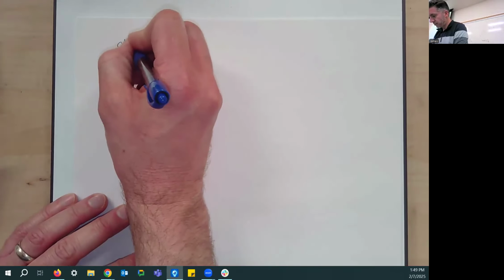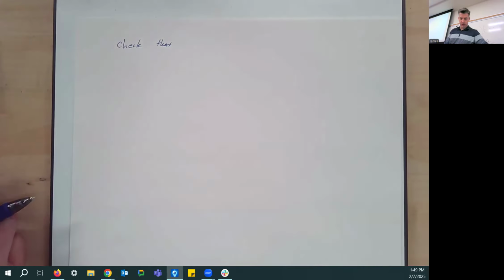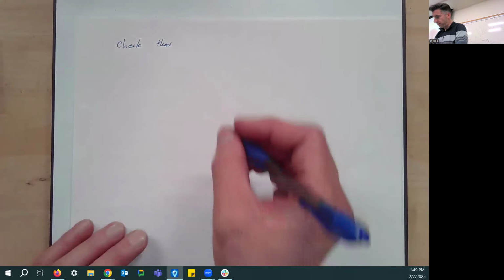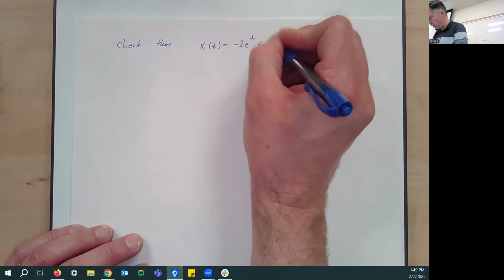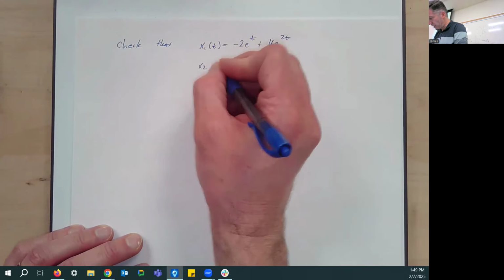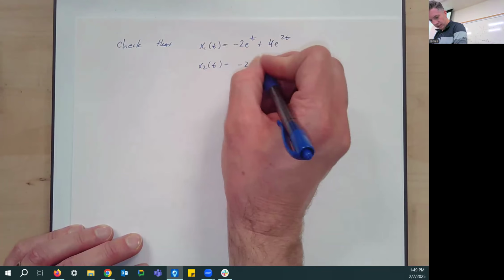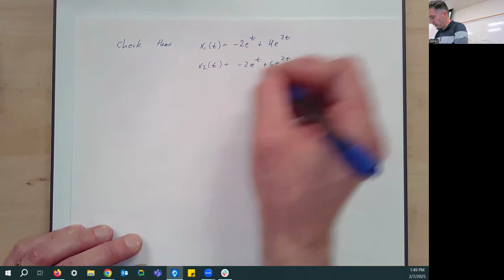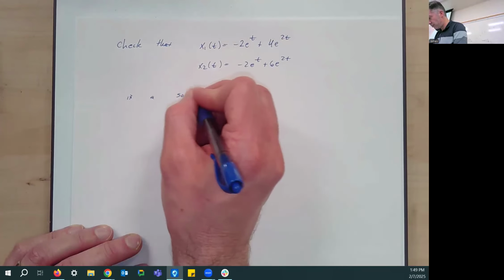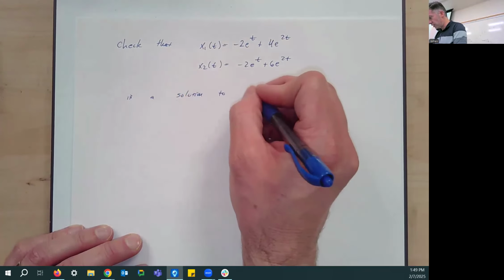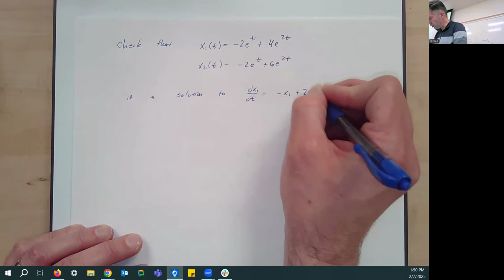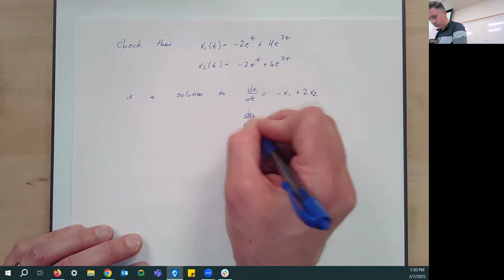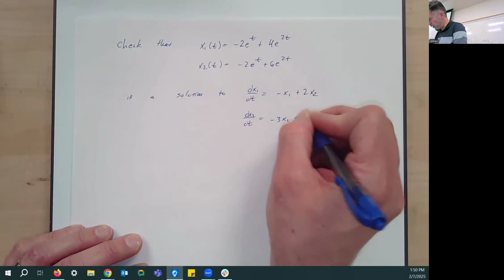We're going to check that x1 of t equals negative 2 e to the t plus 4 e to the 2t, and x2 of t equals negative 2 e to the t plus 6 e to the 2t, is in fact a solution to the system of differential equations dx1/dt equals negative x1 plus 2 x2, and dx2/dt equals negative 3 x1 plus 4 x2.